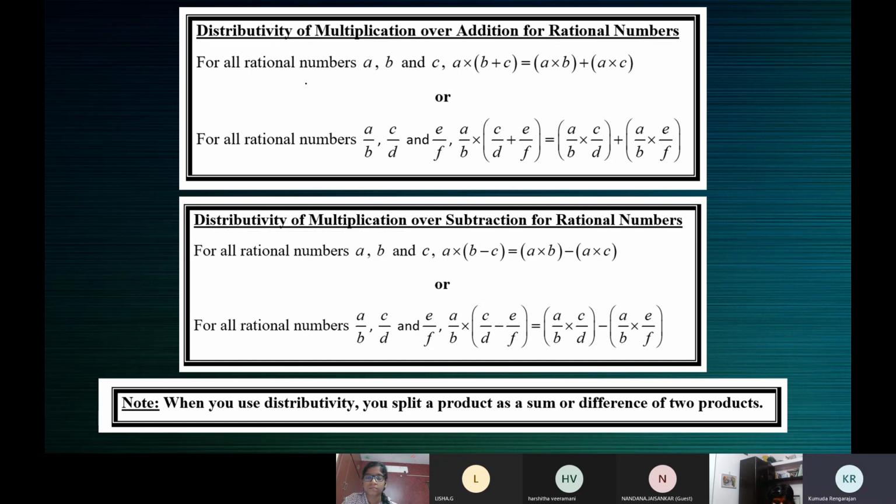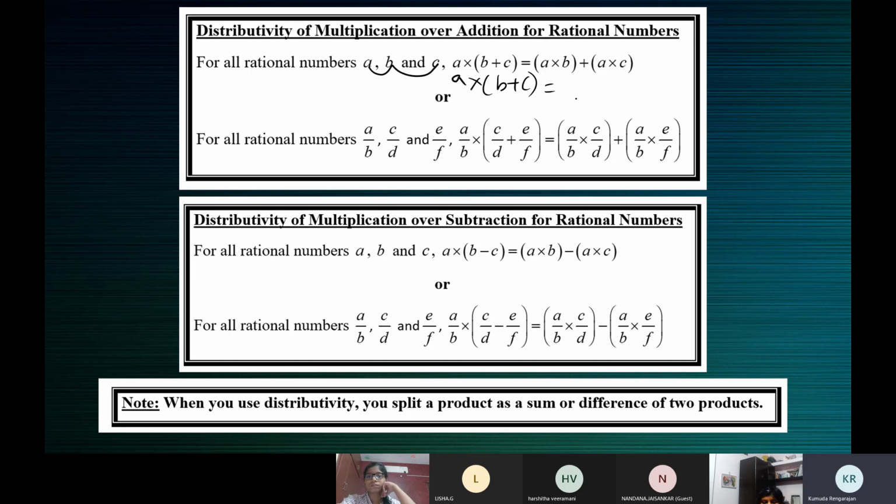Now, how does that work? When you have three rational numbers A, B, and C, A into B plus C, now we are distributing, this is equal to. Now you'll ask me, how do you know this is true? We'll be verifying these results. When you work the LHS and work the RHS, you will see that the result is the same in the LHS and RHS.